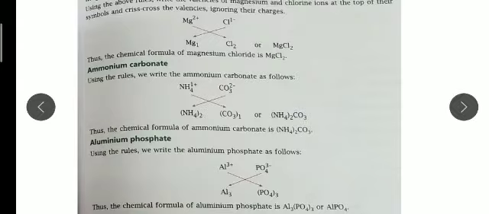Remember, children, that nitrate and nitrite valency is 1. Oxide valency is 2, sulfate valency is 2 (SO4), acetate valency is 1. Sulfate and sulfite valency is also 2.